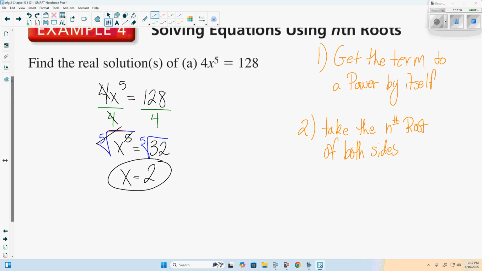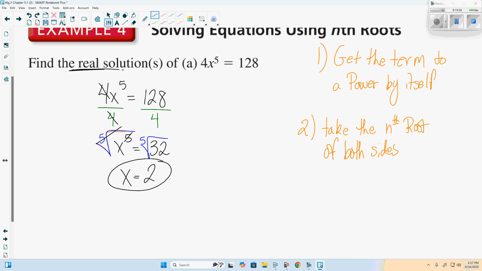But as we said yesterday, since the degree is odd, we should have one real solution. The other 4 are complex. And what did it ask us to find? We found the one real solution. The one real solution is 2. The other 4 are complex. It didn't ask us to find all solutions. It just asked us to find the real solutions. We're done.